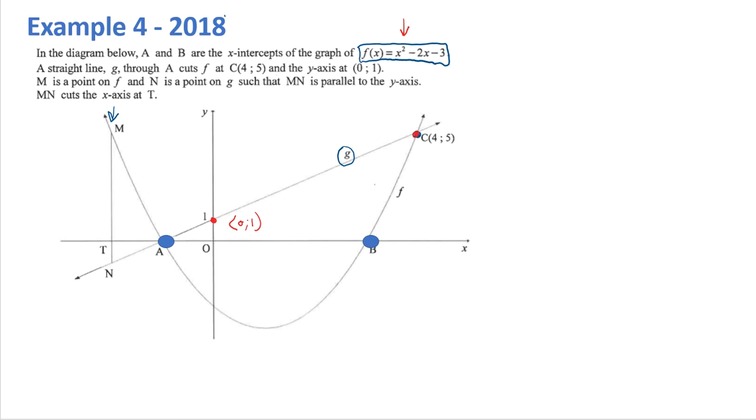And we're also given the coordinates of this function g on the x equals 0, or where it crosses the y-axis. So it crosses the y-axis at x equals 0 and y equals 1. That's also given. And then we're given on the left-hand side here some extra line mn. That's meant to intimidate you, but you're not going to be intimidated.